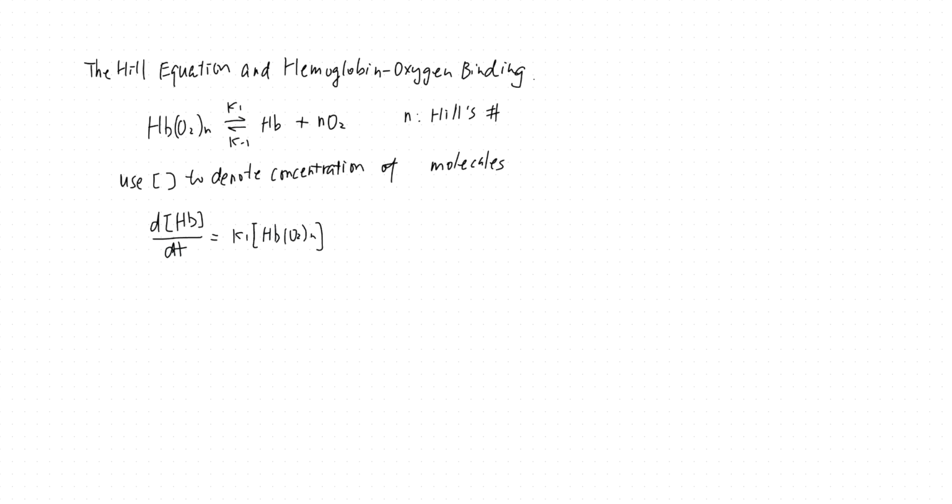On the other hand, the reaction can go in the reverse direction, association. Then the rate of consuming hemoglobin would be minus K minus 1 times the concentration of hemoglobin and the oxygen.